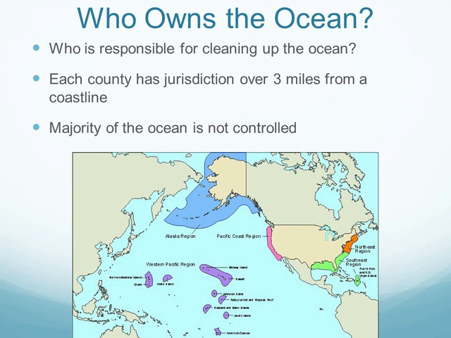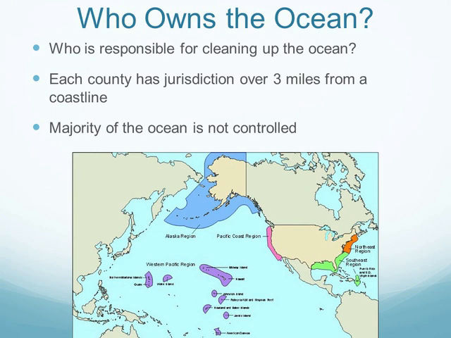So who is responsible for cleaning up all that trash? Because you saw the garbage patches that we have in the Pacific. Who's responsible? Is the US responsible for picking up that eastern garbage patch because we're the ones most responsible for contributing trash there? Or is Japan responsible for the one that's on the western side, right?